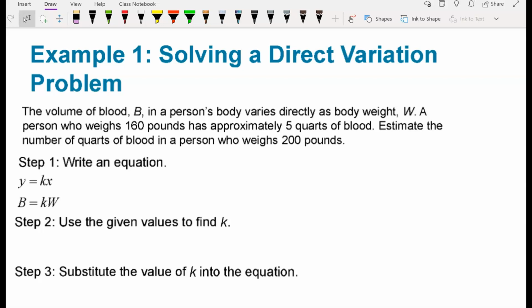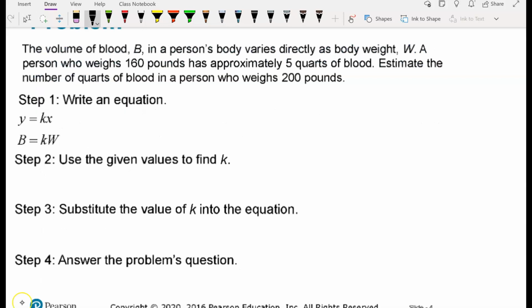It says the volume of blood B in a person's body varies directly as body weight W. A person who weighs 160 pounds has approximately 5 quarts of blood. Estimate the number of quarts of blood in a person who weighs 200 pounds. So we have y equals kx.